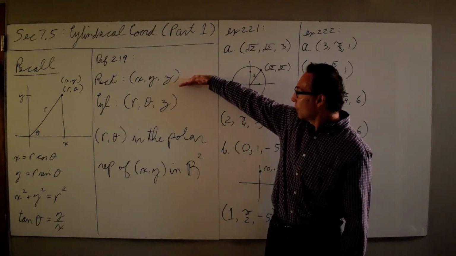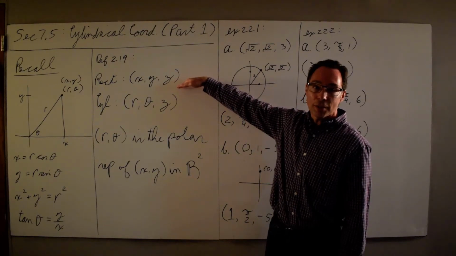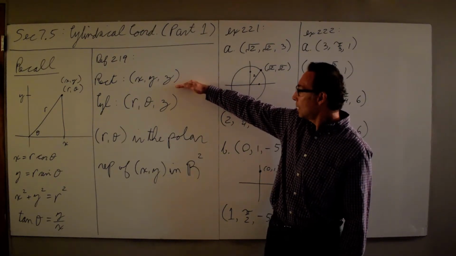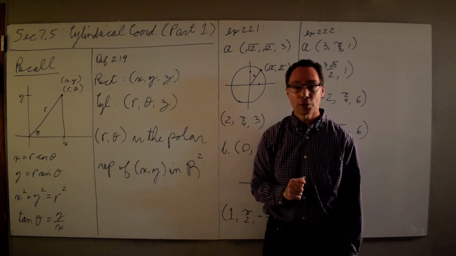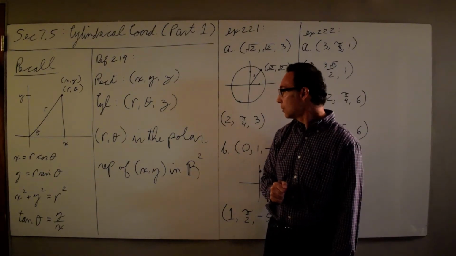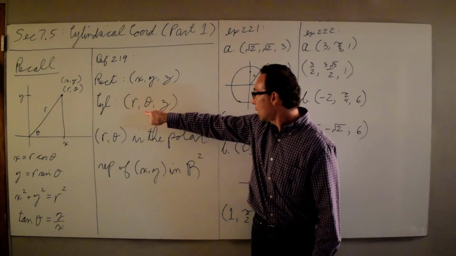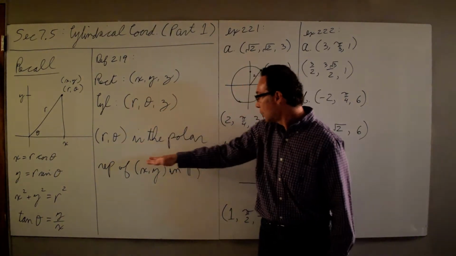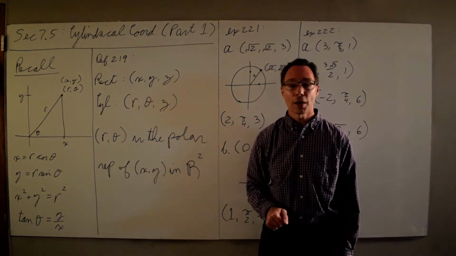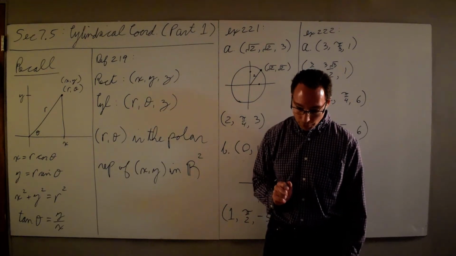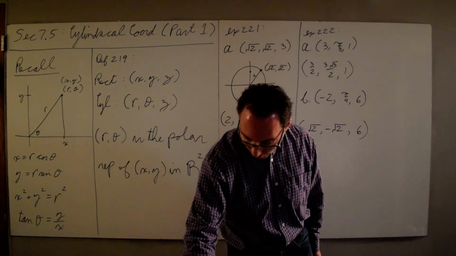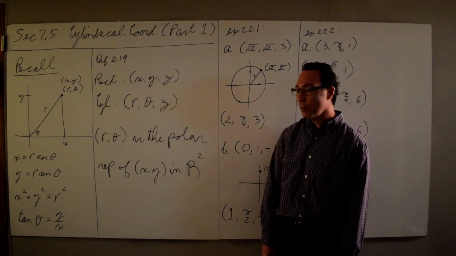which is relevant because now, definition 219, we're going to look at the rectangular coordinate of a point in 3-space, so (x, y, z), and the cylindrical representation. The cylindrical representation is simply (r, theta, z), where (r, theta) is the polar representation of (x, y) in R2. In my notes I have a typo. I have (r, theta) as the rectangular coordinate representation.